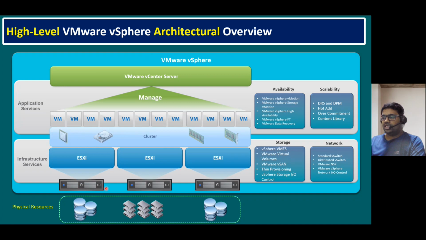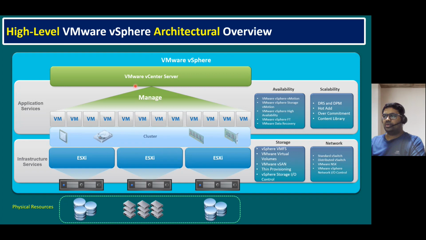On top of the physical servers, we install the ESXi operating system, and ESXi is a virtualization hypervisor operating system. Using this ESXi hypervisor, it allows you to create multiple virtual machines. In real-time scenarios, when we have more than 2 ESXi hosts, in order to manage the ESXi hosts, we require a management tool.